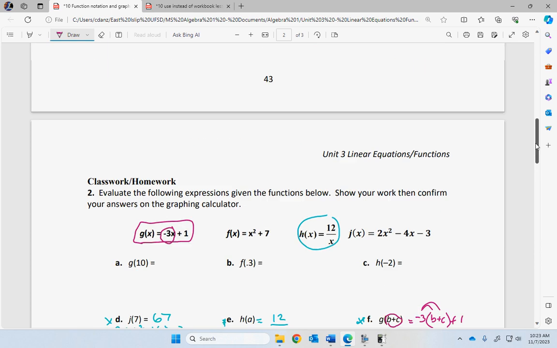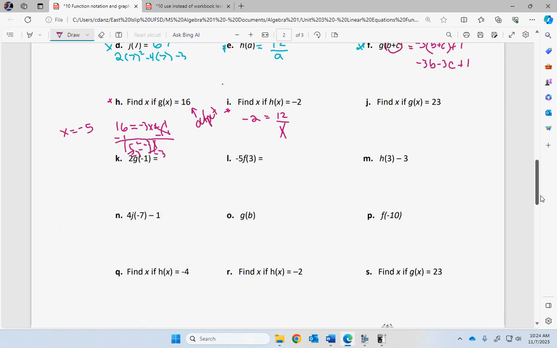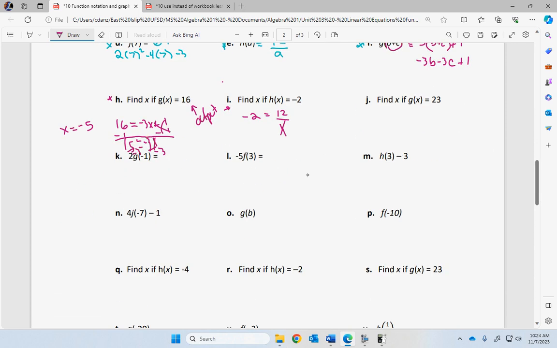H of x. So the output is -2. I'm trying to find the input. Now, some of you still mess up things with these fractions. To get rid of that denominator of x, I know I'm trying to solve for x, but I sure don't want it to be in the denominator.